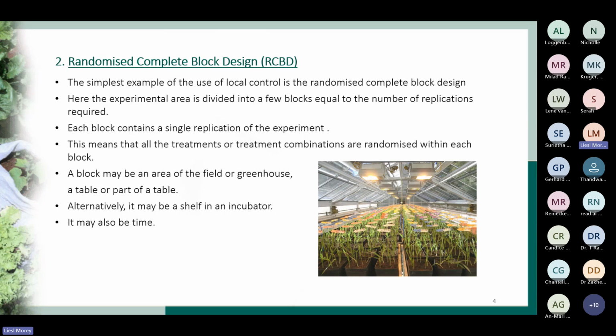Then within each one of these blocks, you will randomize your treatments, or treatment combinations if you have a factorial experiment. As I've mentioned, a block may be an area of the field or greenhouse, a table, a part of a table, a shelf in an incubator, and it can also be time.